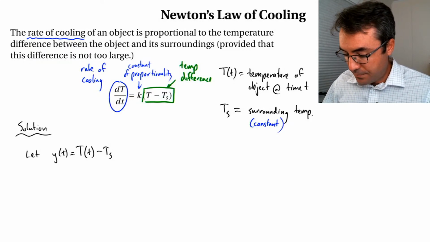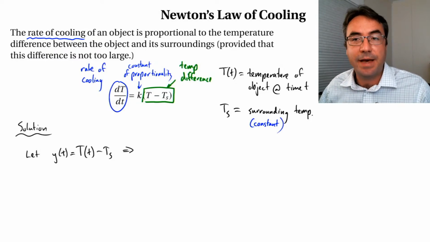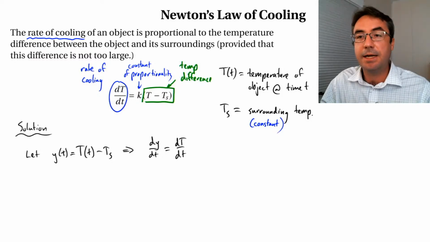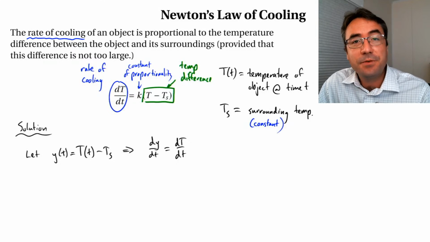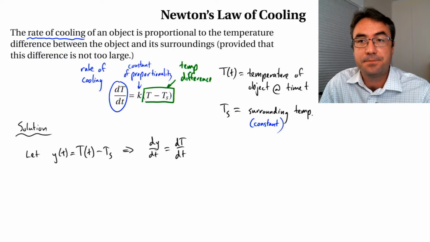So when we take the derivative of both sides, on the left we get dy/dt, and on the right we get dT/dt. And the derivative of T sub S, that's a constant, so the derivative is just 0.